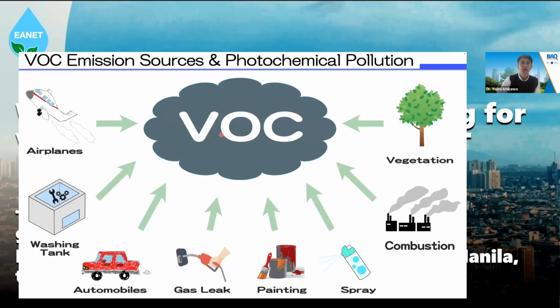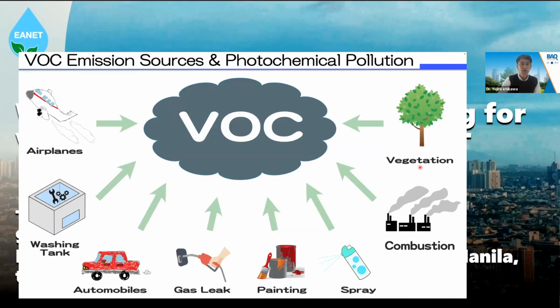I'm sure many of you are aware of VOC emission sources and photochemical pollution, but this is an important part to start with, so I will briefly explain. The icons shown here, like airplanes, washing tank, automobiles, gas leak, painting, spray, combustion, vegetation, all of these are VOC emissions.